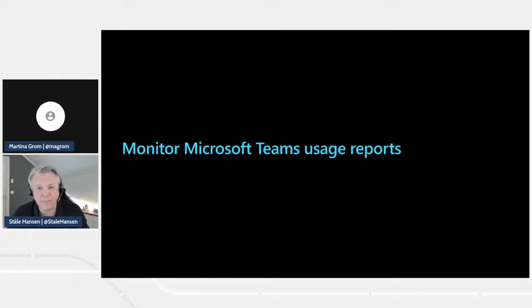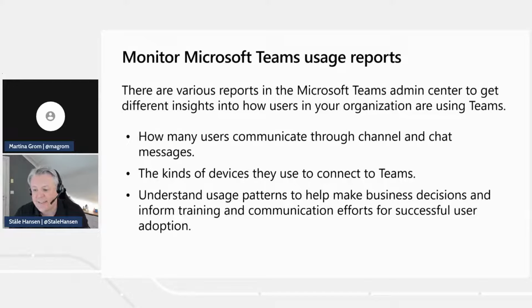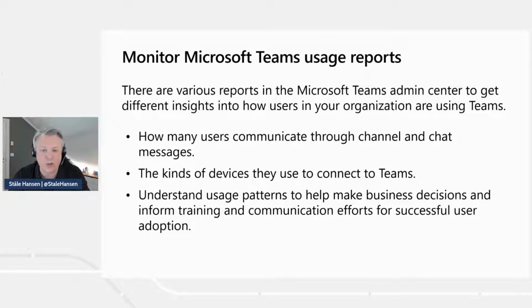Let's start with Microsoft Teams usage reports. This is in the Teams admin center, where you can go in under reports and look at usage reports. What you can see there is how many users communicated with channel and chat messages. I'm going to show you that. I think this is the most interesting report, especially in terms of Teams culture, because we do want people to move away from chats and over to channel conversations.